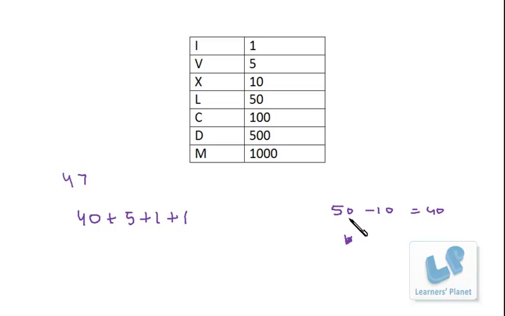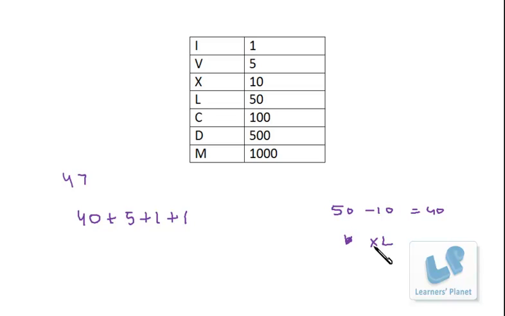First of all, I have to find out the representation of 50, that is L. And if I wish to deduct 10 from L, then I have to write the symbol of 10 on the left side of L, that is X. Okay. So if X is written on the left side of L, then this number will represent the difference of 50 and 10, that is 40.